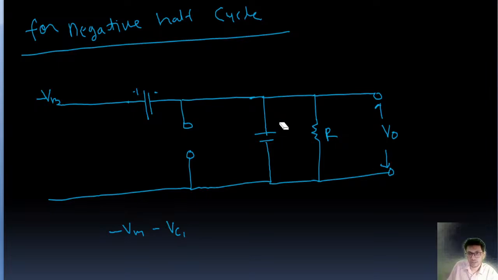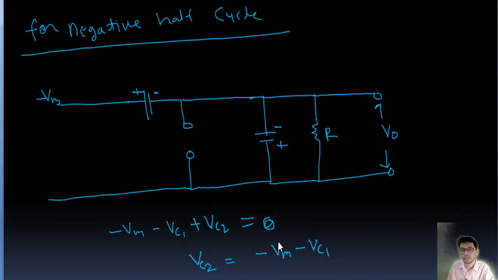So this is going to be plus Vc2. This is an important step. Vc2 equal to 0 in this loop. So from here we can get Vc2. Vc2 is going to be minus Vm minus Vc1.